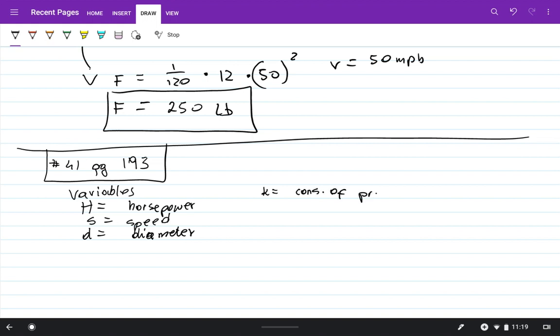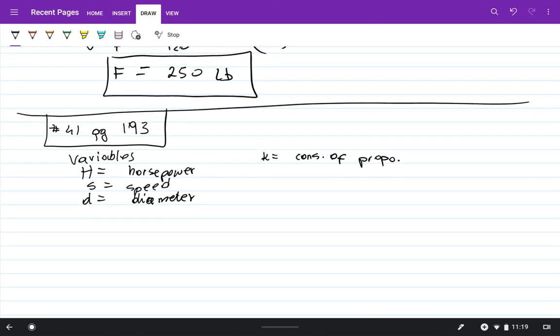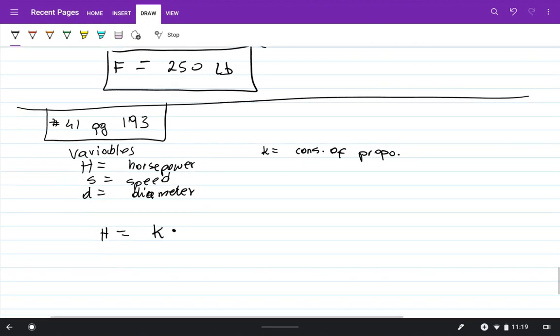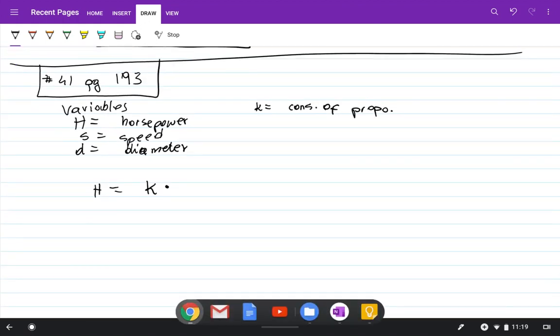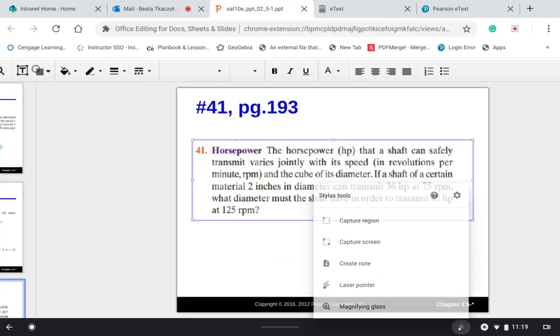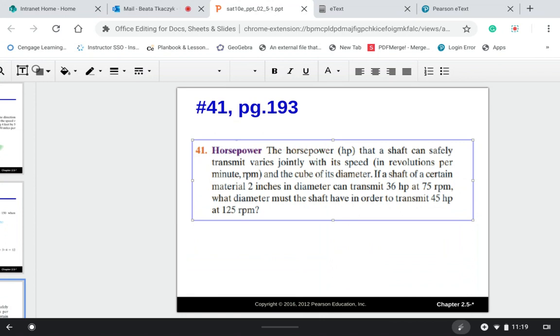We have to find it. Constant of proportionality. So let's build the formula. Horsepower equals the constant of proportionality. And going back to the problem, they mention that horsepower varies jointly, so equals K, which is the constant of proportionality, times speed, which is S, times D, which is the diameter, but don't forget the cube of diameter, so D to the third power.